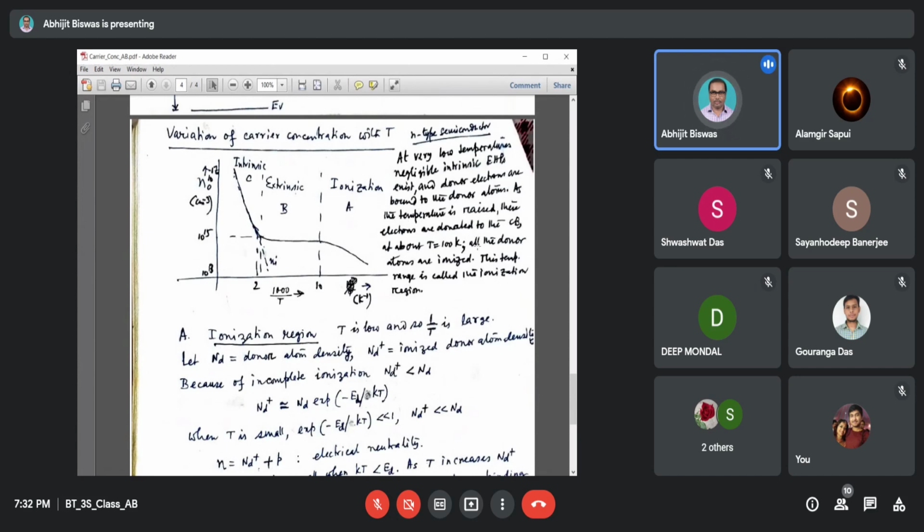In this region incomplete ionization takes place, and we can say that the concentration of donor ions is less than the donor concentration.